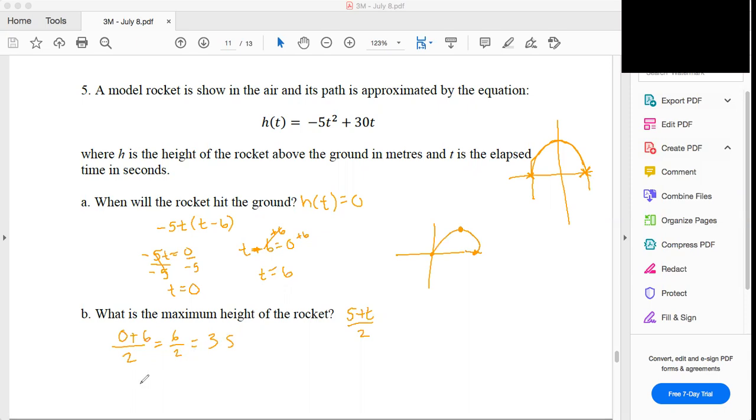Okay, so at 3 seconds, we have to go back to that equation and plug in t is equal to 3 in our equation. So -5 times 3, 3 minus 6. So -5, 3 take away 6 is -3.